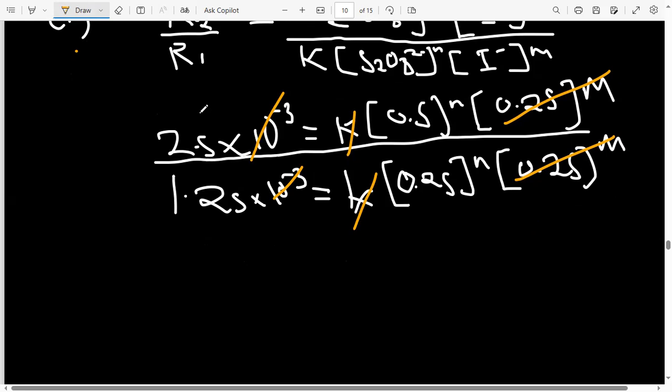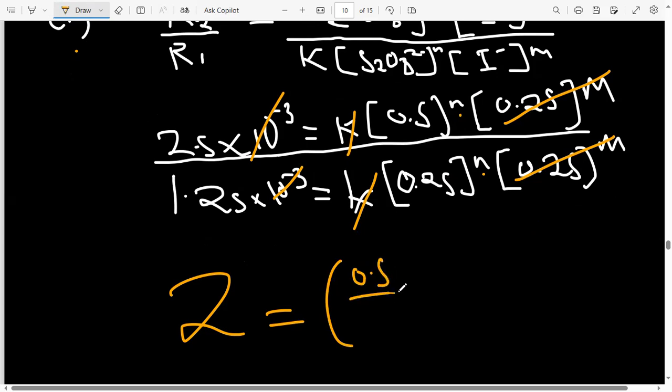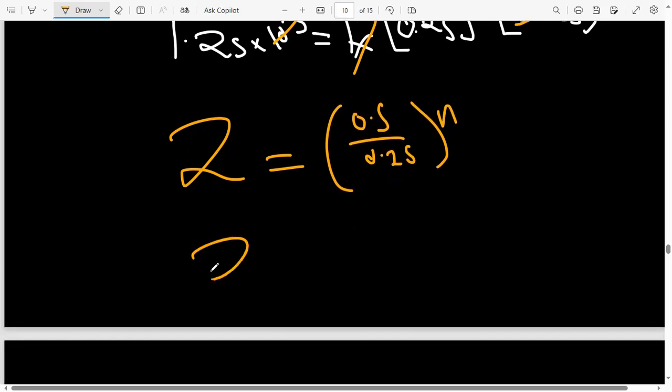We are remaining with 2.5 divided by 1.25, which is just 2, equals 0.5 to the power n over 0.25 to the power n. We see that we have the same power here, so we can factorize that power so that we have 0.5 divided by 0.25, all to the power n.